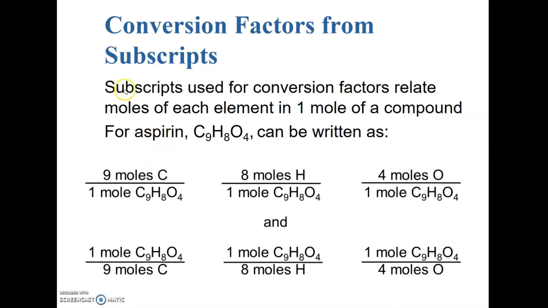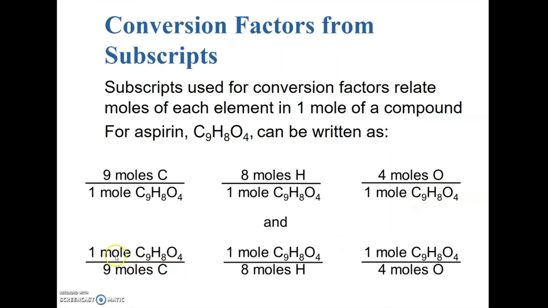Like in this case, for aspirin, if we have 1 mole of aspirin, we can say we have 9 moles of carbon atoms in every 1 mole of aspirin, 8 moles of hydrogen in every 1 mole of aspirin, 4 moles of oxygen in every 1 mole of aspirin.